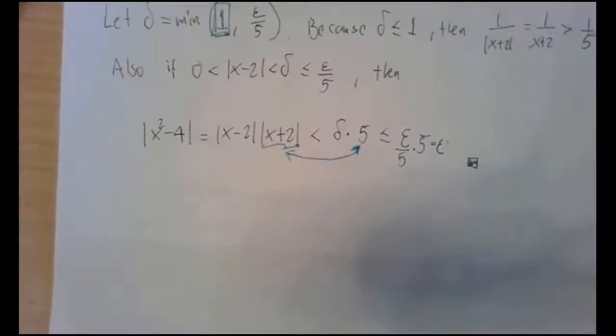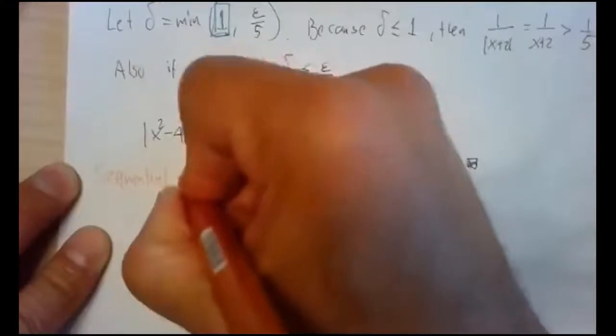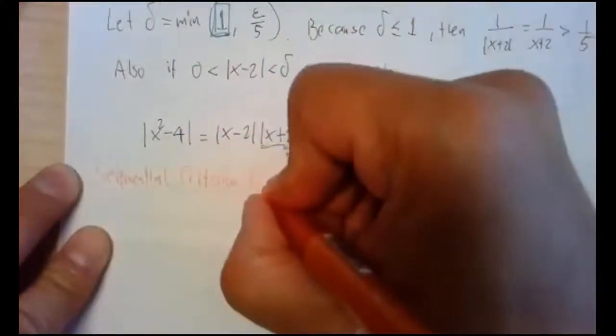Moving along. So this is now the criterion that I was telling you about, where we're going to tie this concept of limits of regular functions with limits of sequences. So this is going to be the sequential criterion for functional limits.